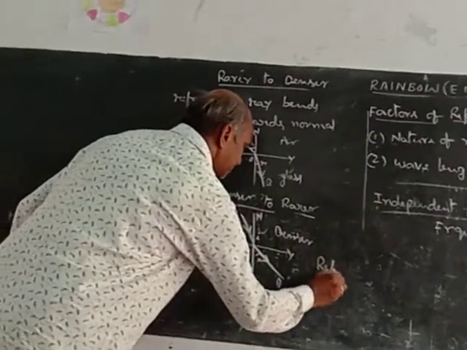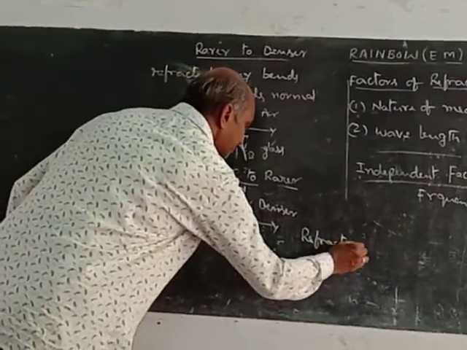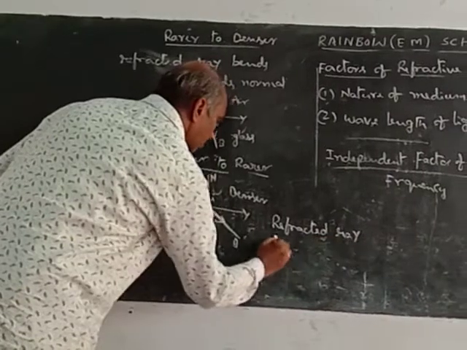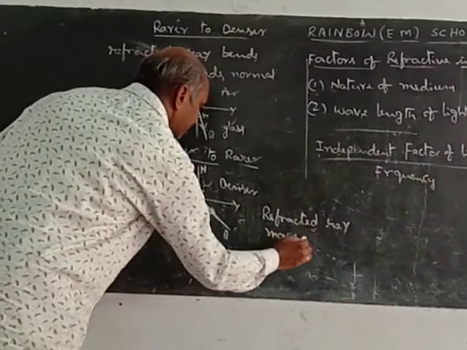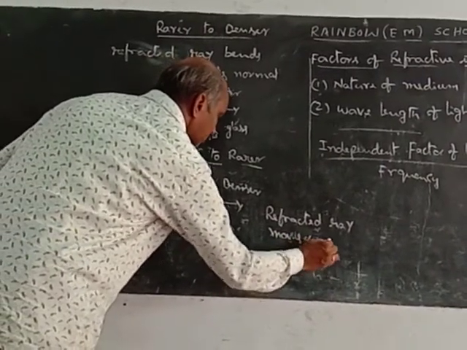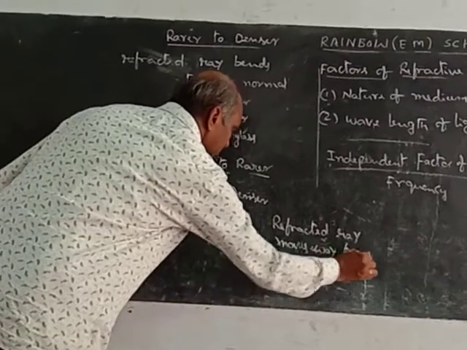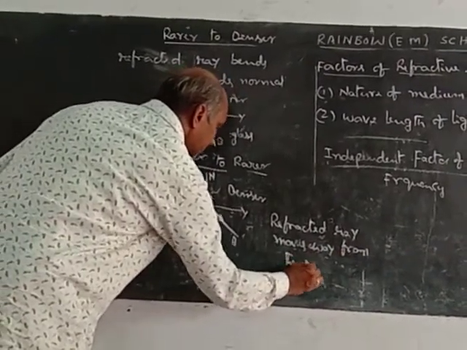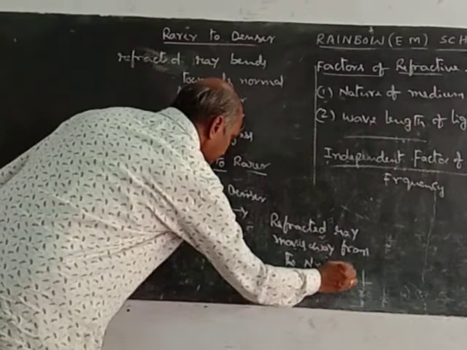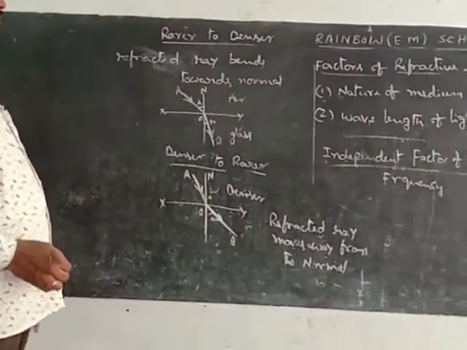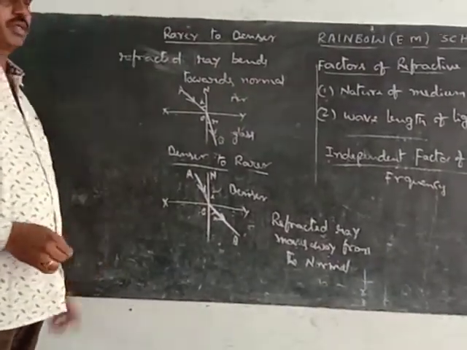Refracted ray moves away from the normal. These 2 points are very important, remember.